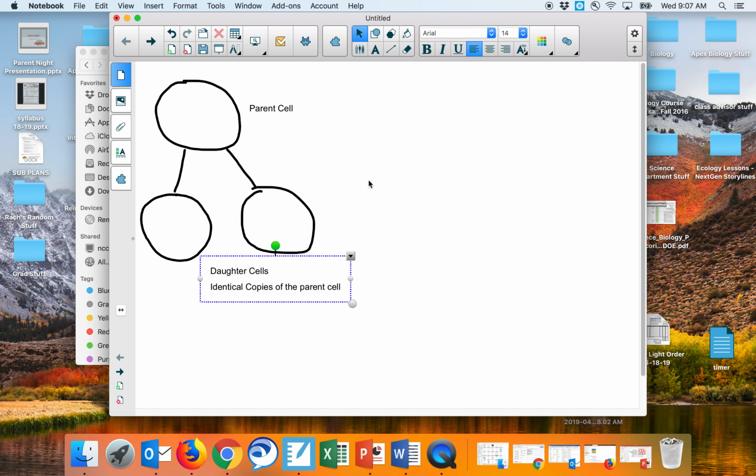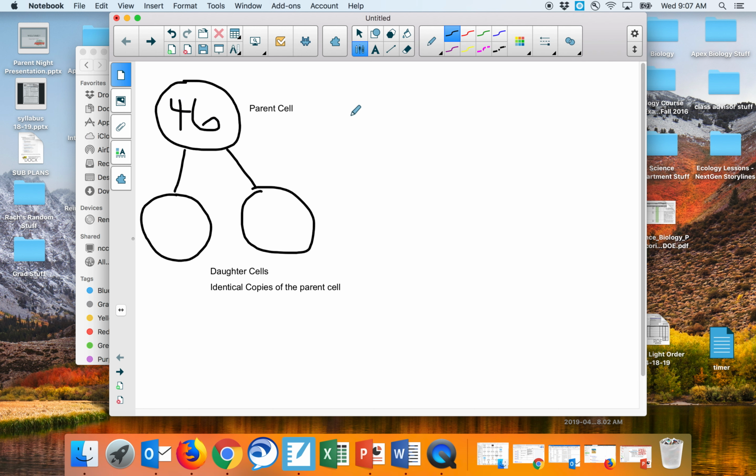All right, so how do we apply that? If I told you, for example, that we had a body cell that was human. So human cells have 46 chromosomes. And I told you that this particular body cell was going to undergo mitosis.